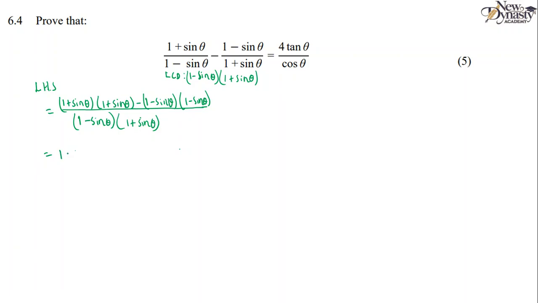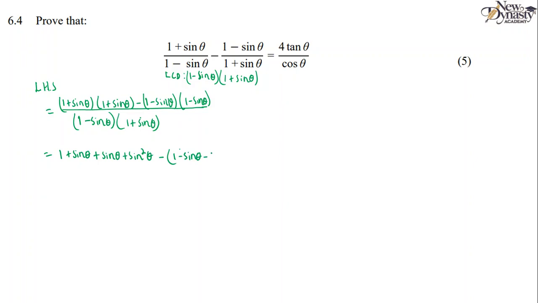1 times 1, that is 1. 1 times sine theta, that is positive sine theta. Sine theta times 1, that is positive sine theta. Then sine theta times sine theta, that is a positive sine squared theta. Then minus 1 times 1 is 1. 1 times negative sine theta, that is negative sine theta.